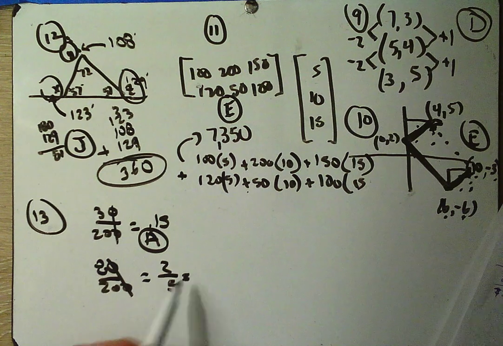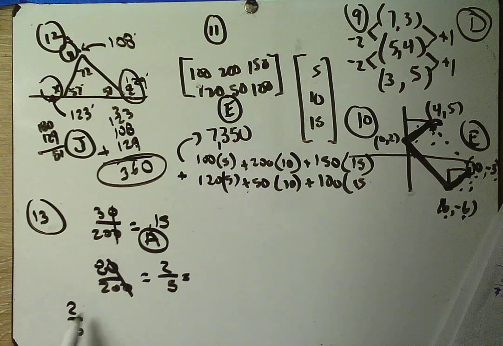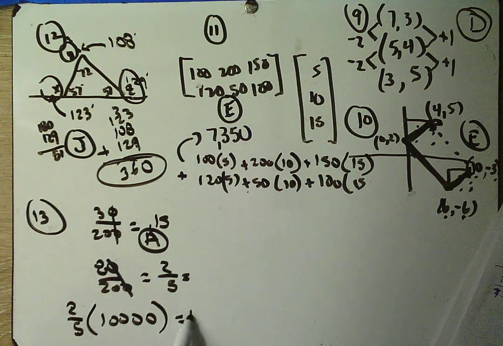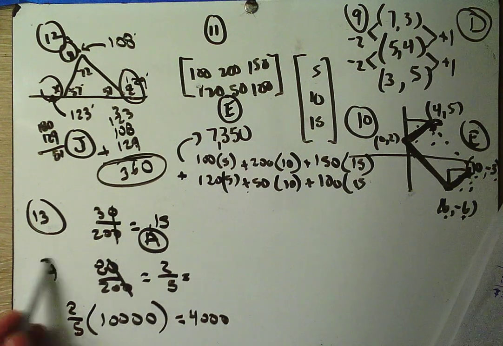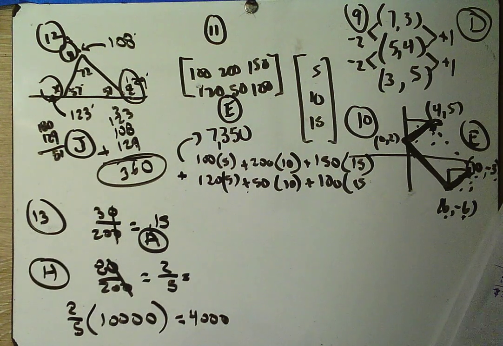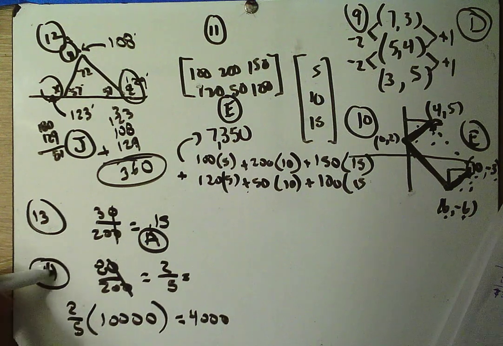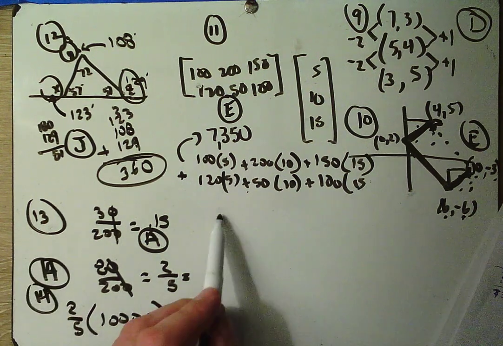And we want 2 over 5 times the 10,000 people voting. So that's 20,000 divided by 5, or 4,000. And that's choice H. H for number 13. I'm sorry, 14. H for number 14.